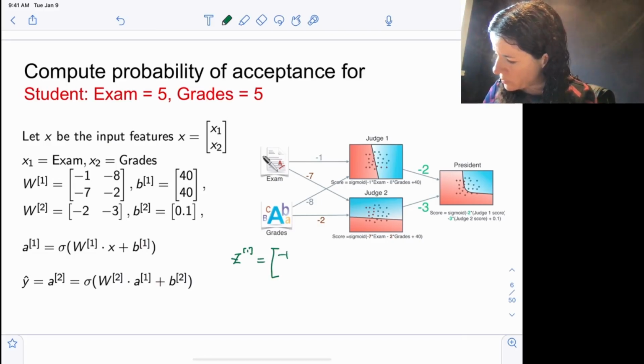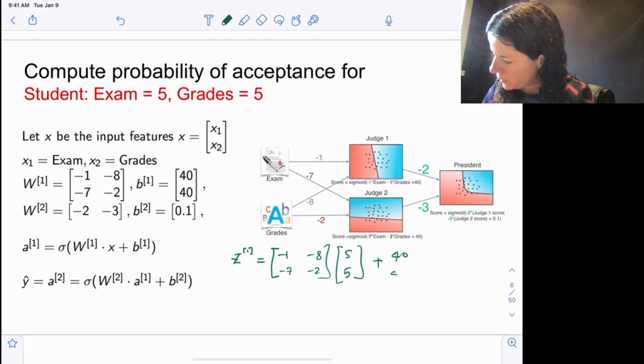We're going to have this matrix, multiply by 5, 5, and sum 40.